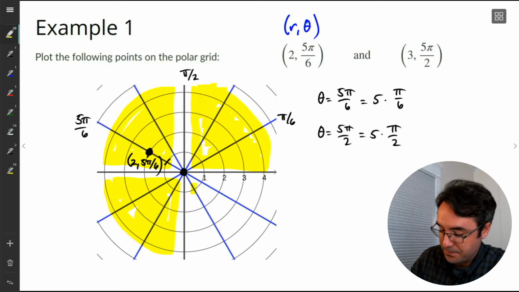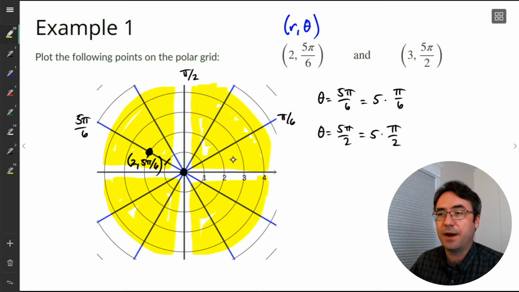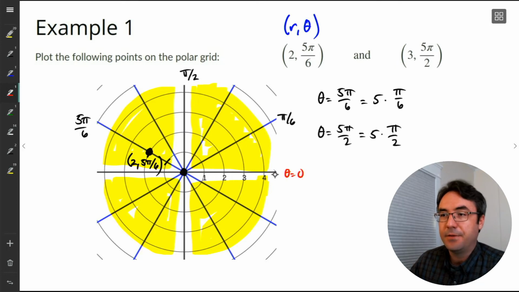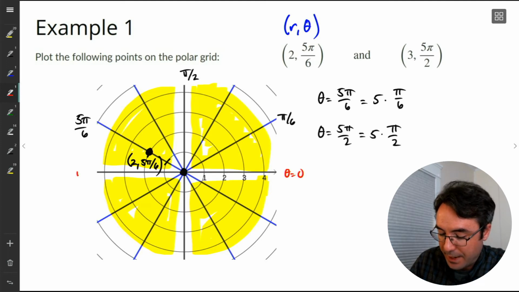Our third copy. Another big wedge. This is our 4th copy of pi over 2. So far, if we've started on this ray here, this is theta equals 0. Then doing 1 copy takes us to pi over 2. Doing a second copy takes us to pi.